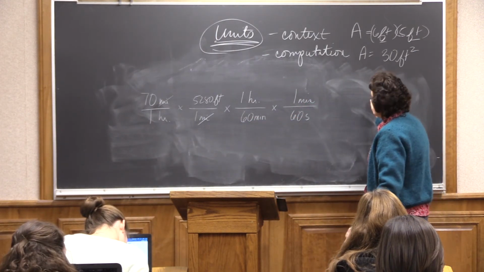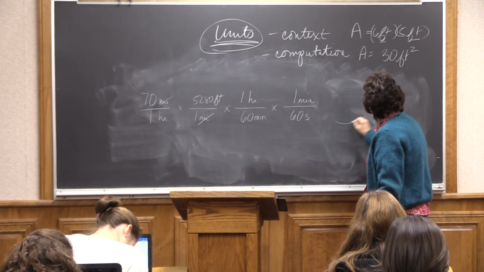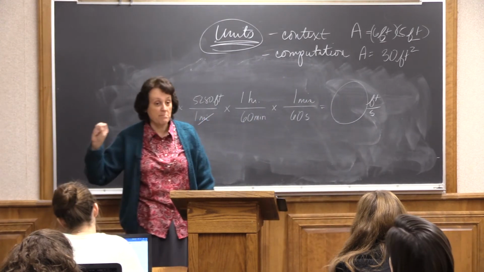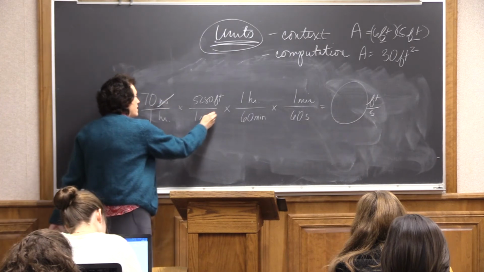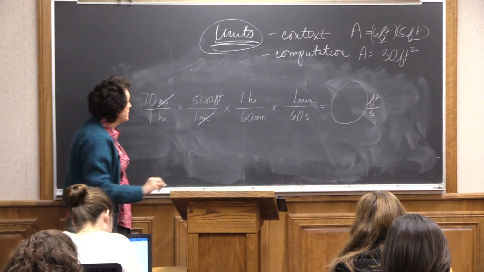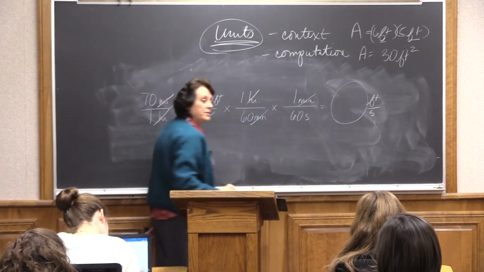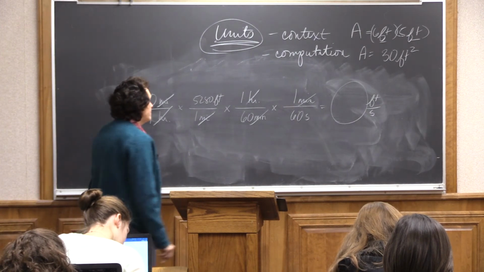So if I want my answer in feet per second, I set my fraction math up so the miles cancel out, the feet remain in the numerator, the hours cancel out, and the seconds are in the denominator, and then I do the indicated math.